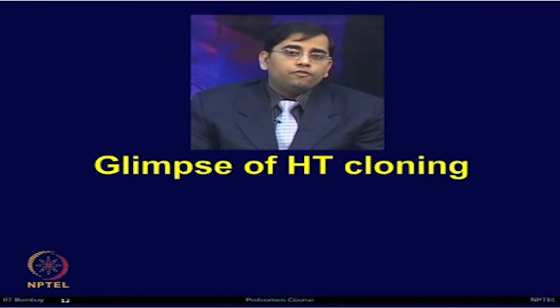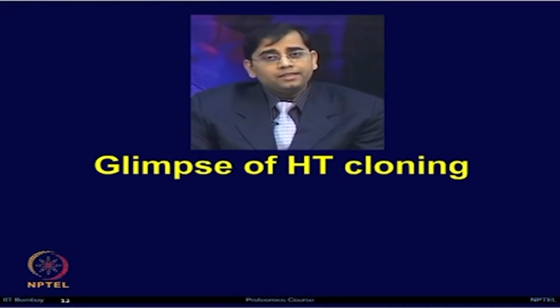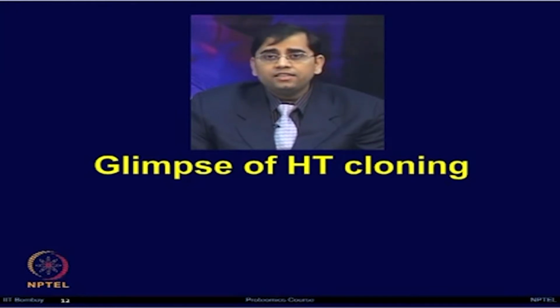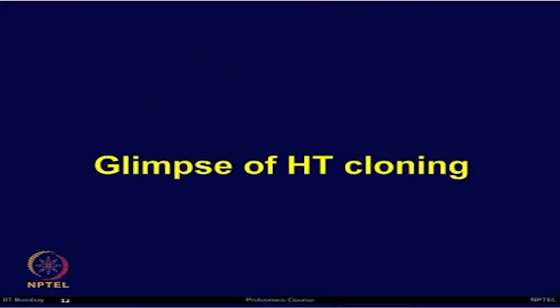So, I will give you a glimpse of high throughput cloning. It is important because the automation step requires increasing accuracy in microarray or other high throughput experiments. The error rate for the robots during repetitive manipulations is exceedingly low, and all operations can be verified by examining the log files for the robotic run.